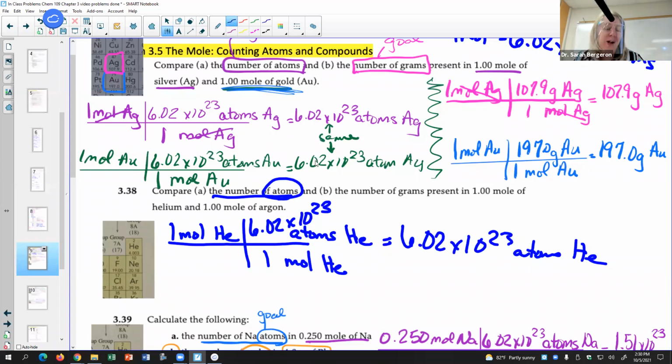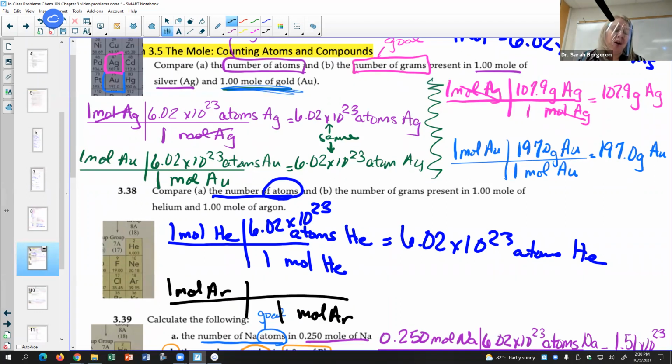Now, what about argon? If I have 1 mole of argon, y'all just told me this. If I want to get rid of moles, put that on the bottom. I know in 1 mole of argon, I have how much? 6.02 times 10 to the 23rd atoms of argon.